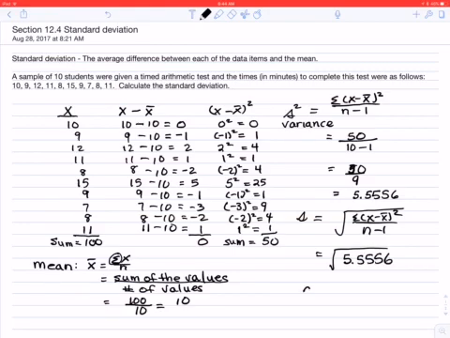It's approximately, that wavy line means approximately, 2.4. I rounded it off to the nearest tenth. So on the average, it took students 10 minutes to finish that quiz. The other finishing times differed from 10 by about 2.4 minutes.